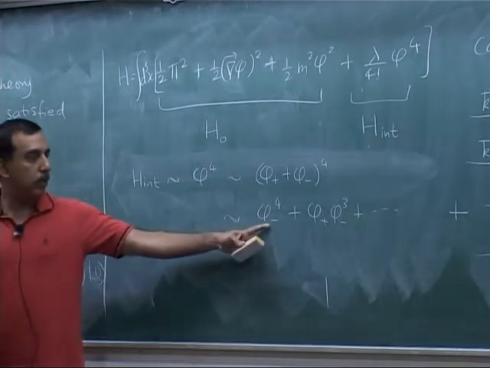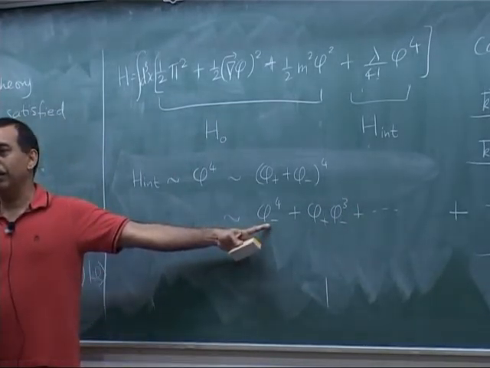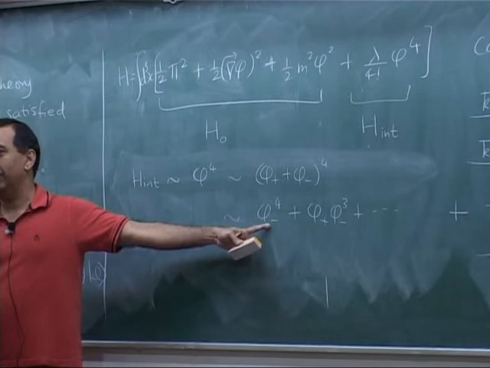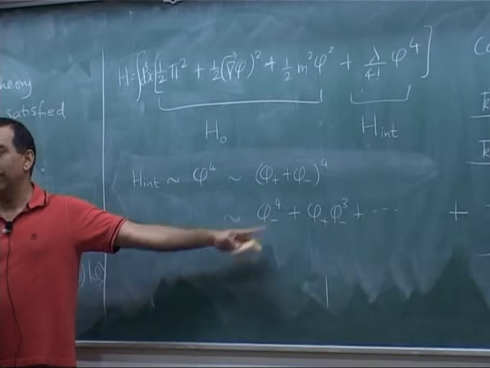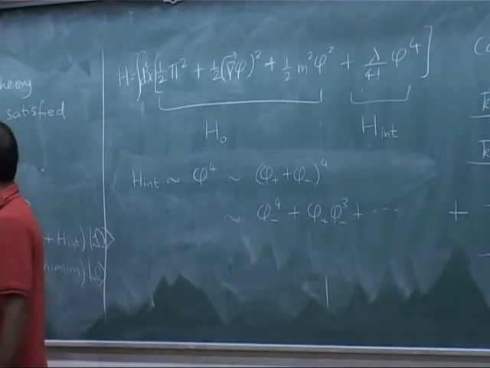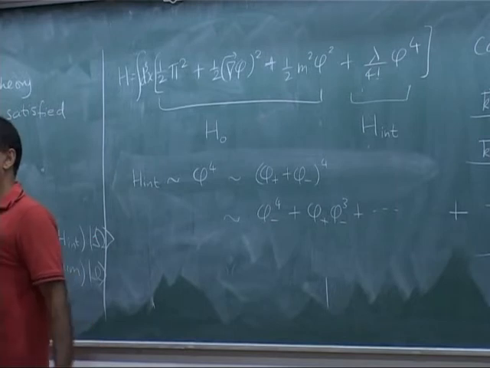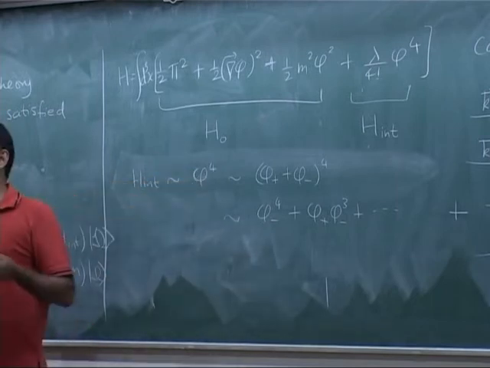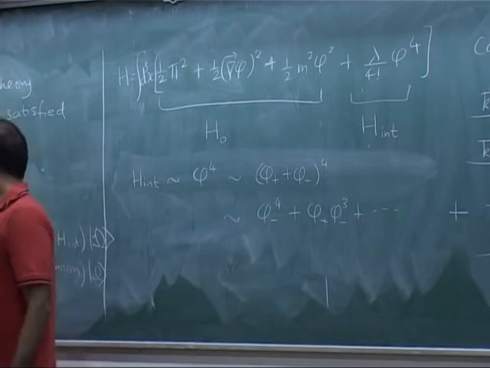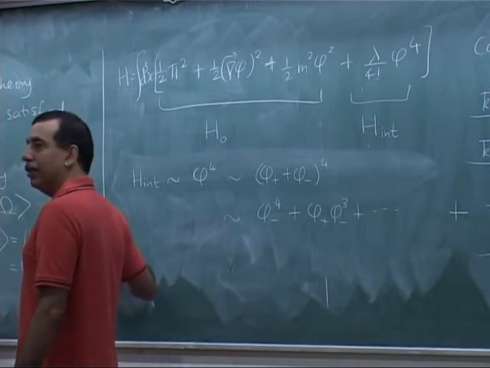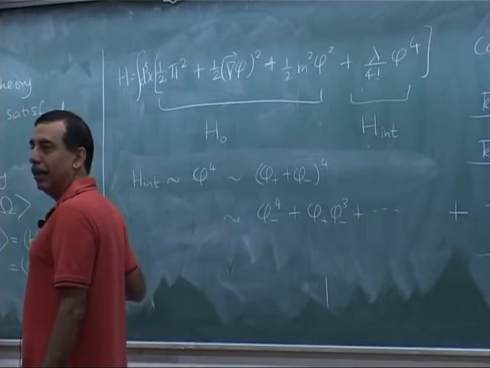Now this term is certainly going to create a lot of particles from the vacuum, 4 particles to be precise, because it contains 4 a daggers. That means that the old vacuum, the free vacuum, cannot be the vacuum of the new theory, because the interaction term creates particles from that vacuum. So you must change the state in some way to compensate, such that finally there are no particles in the interacting theory in the new vacuum.